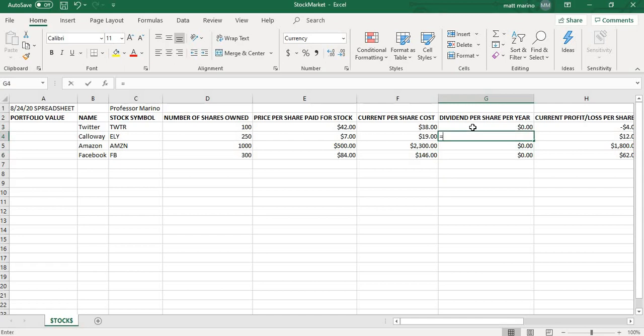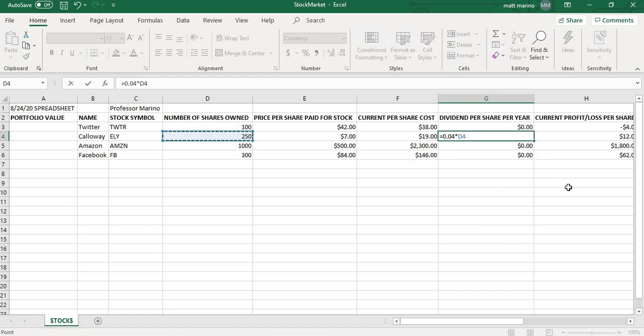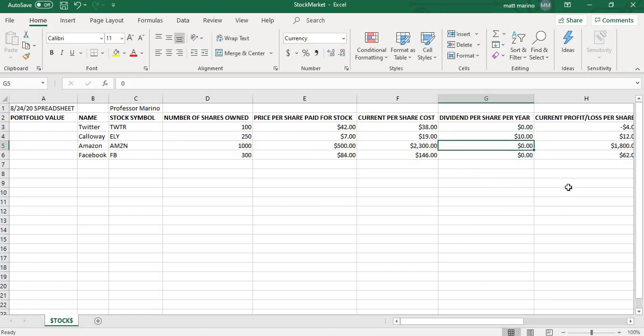However, Callaway most recently provided a dividend of 4 cents per year. So we would need to do 4 cents per year times the number of shares we own. This provides us with our dividend amount for that year. We receive $10 based on our number of shares owned.